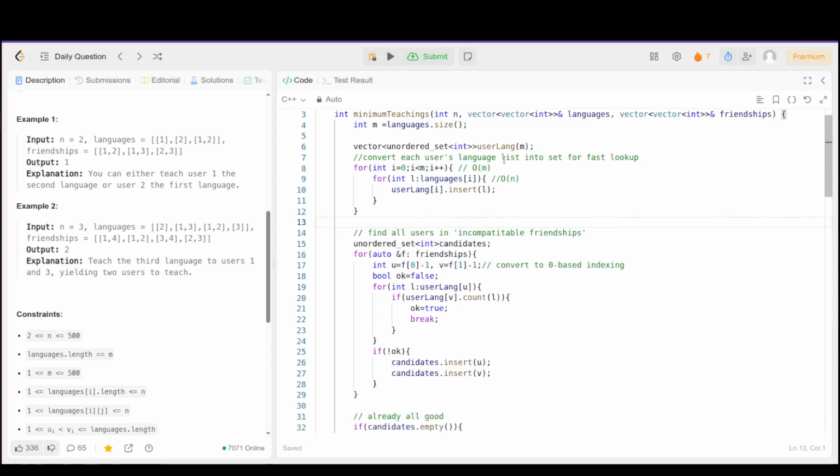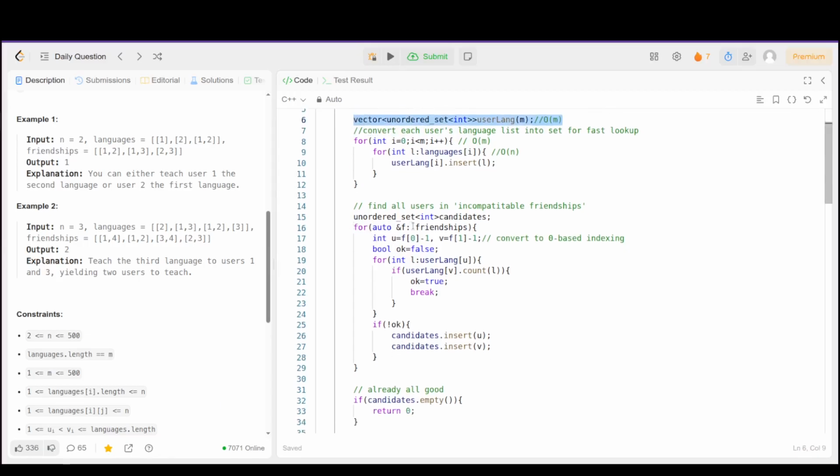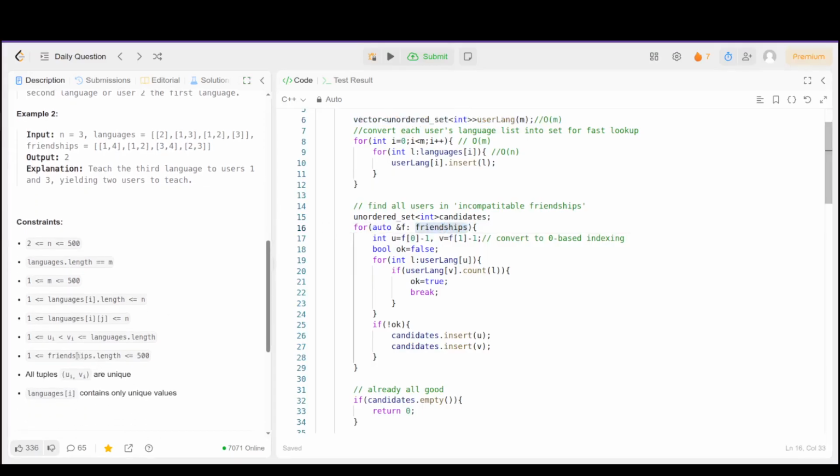Also this initialization will take big O of m time complexity. And we are iterating over the friendships array, and m is in the range 1 to 500.